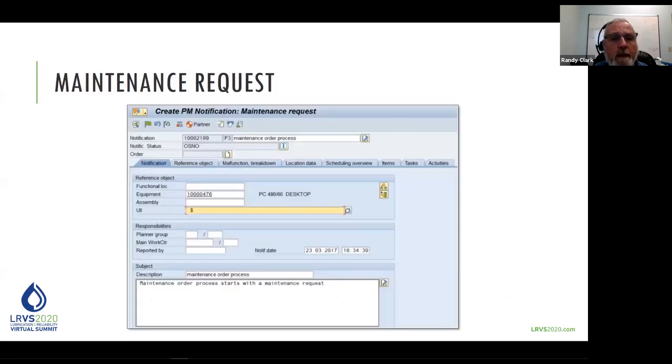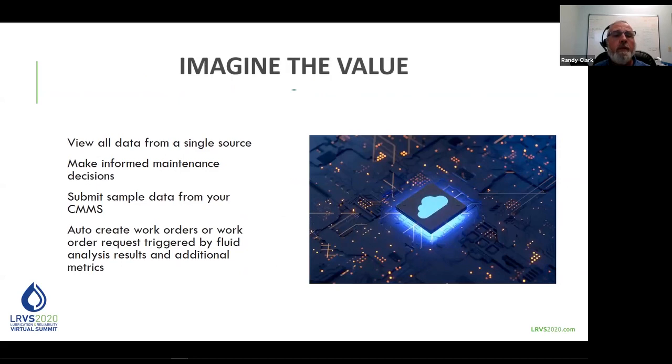Now, there's a lot of value here. View all the data from a single source, make informed maintenance decisions, submit sample data even right from your CMMS, and no longer need to log into your analysis platform and submit sample data there. The ability to auto-create work orders, and fluid analysis results and additional metrics just being right there at your fingertips.